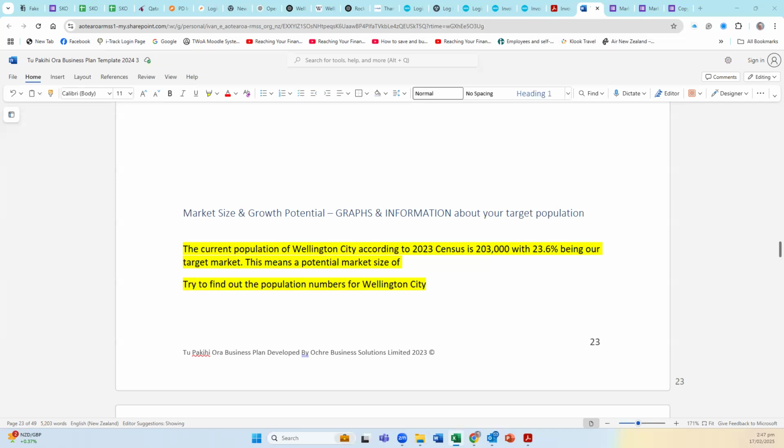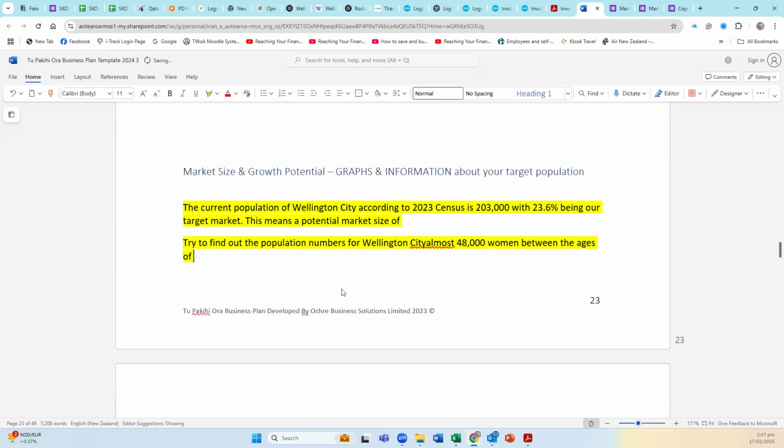203,000, 23.6%. Let's work that out times. Okay, a potential market size of almost 48,000 women between the ages of, what did we say those ages were? 30 to 64 years of age.